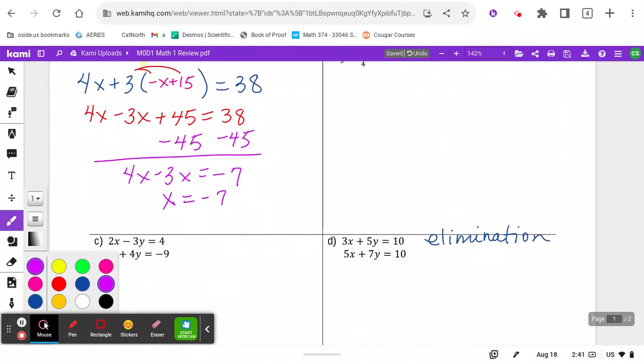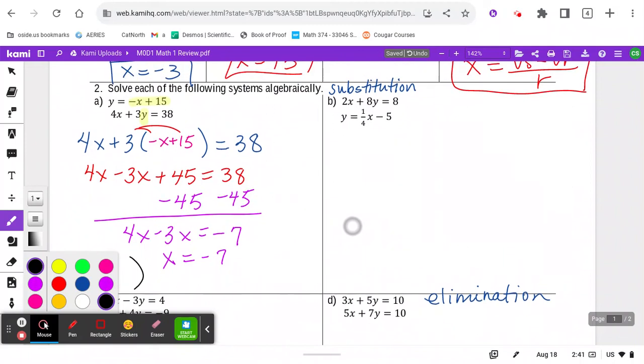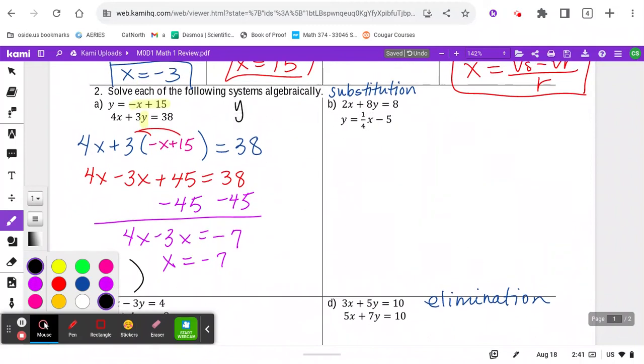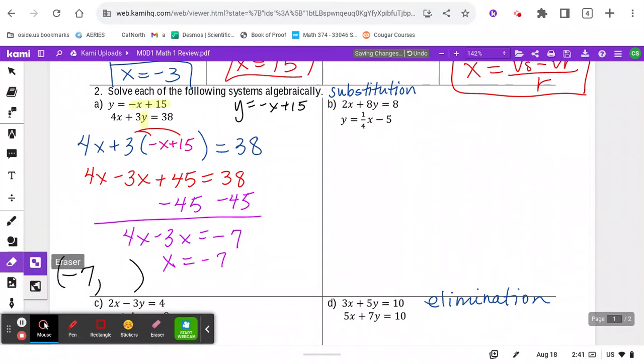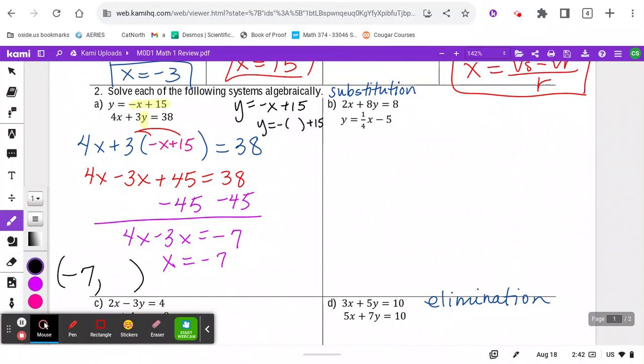Now, that's just half of an answer. I'm going to put this over here. We need the other half. We need the y value. We got the x, so I go back up to either equation, but I'm going to choose this one. And I'm going to plug in what we just got for x in order to solve. And then negative 7 goes in right here.